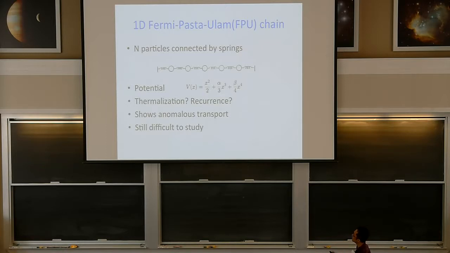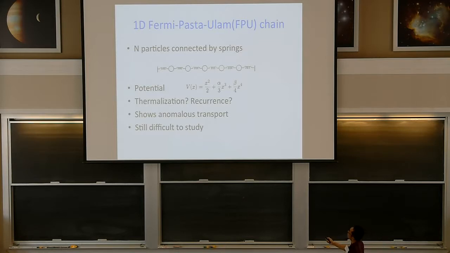If you take a derivative once, you get a force. So then this becomes linear in x. So this is a so-called Hooke's spring, a harmonic oscillator. When alpha and beta are 0, the system can be solved by using Fourier analysis, as you may know.